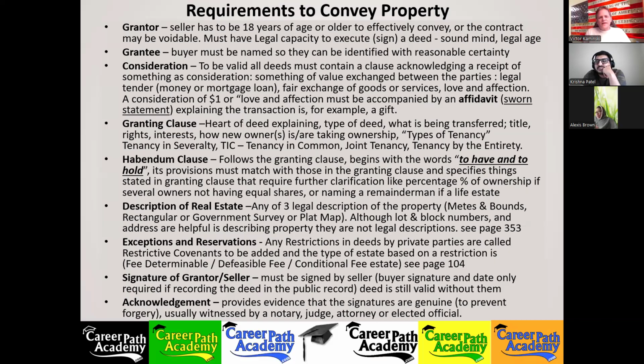Then the granting clause is the heart of any deed. It explains what type of deed it is, what is being transferred exactly. Is it someone's title, rights, or interest? How the new owner is taking ownership. Are they taking ownership as tenancy in severalty, tenancy in common, joint tenancy, or tenancy by the entirety?